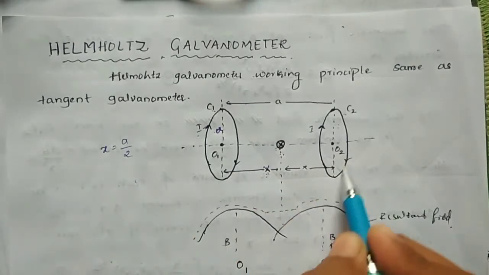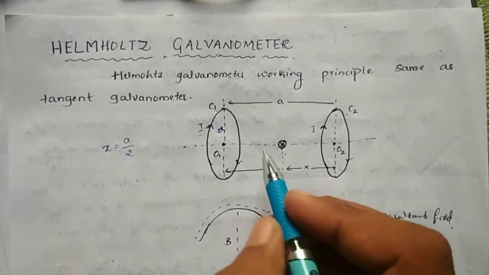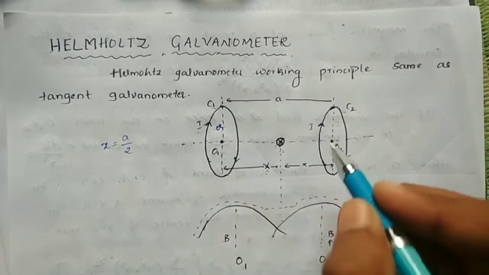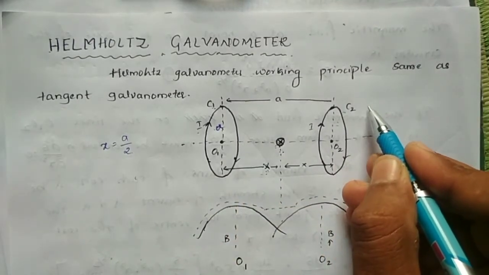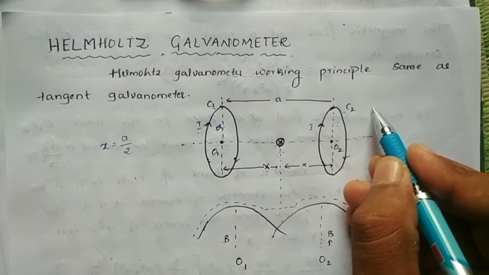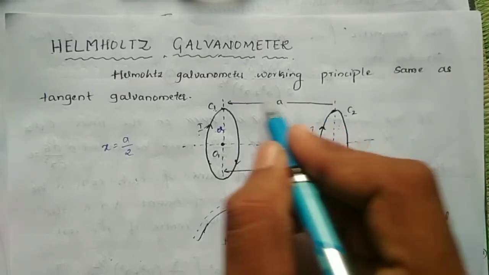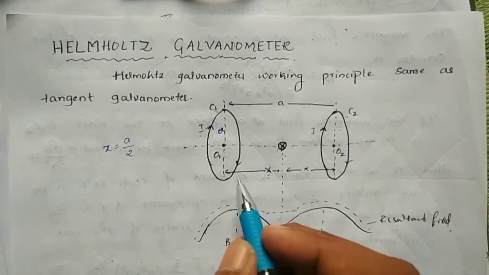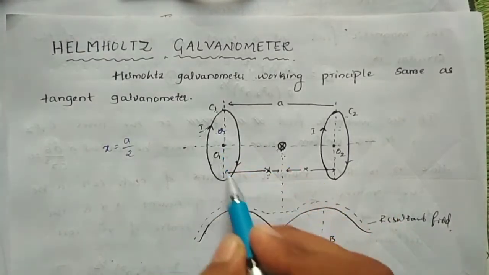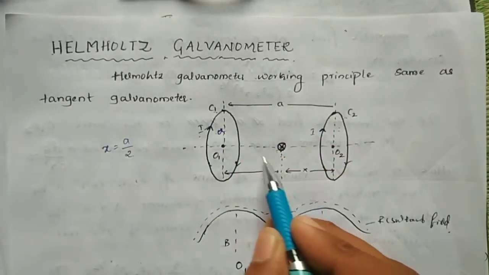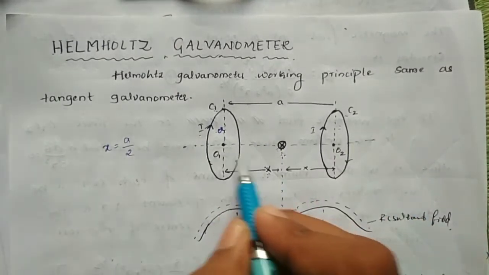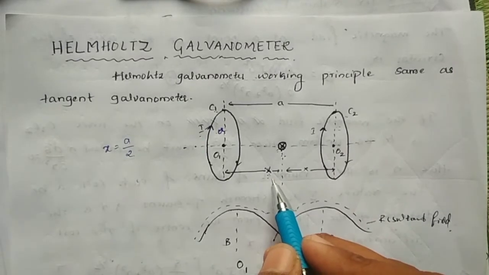We have to make a setup where the equal amount of magnetic field that one coil loses, the second coil gains. It means you maintain a uniform magnetic field along the axis, and we get the resultant magnetic field here.